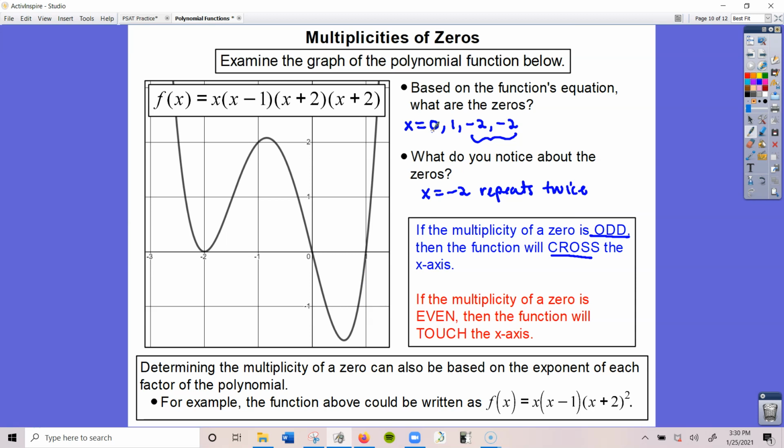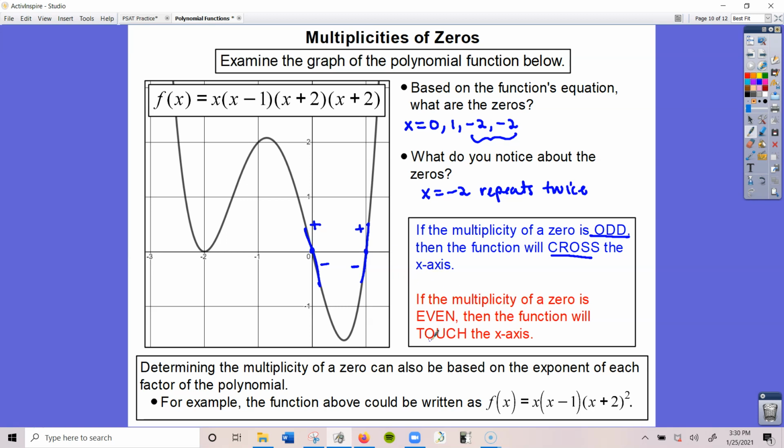See here at x is equal to 0 and 1, it crossed the x-axis. It started positive and then it went to negative, and then it started negative and it went to positive. So it went across that x-axis.